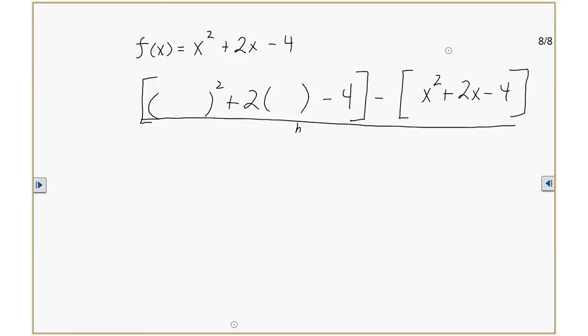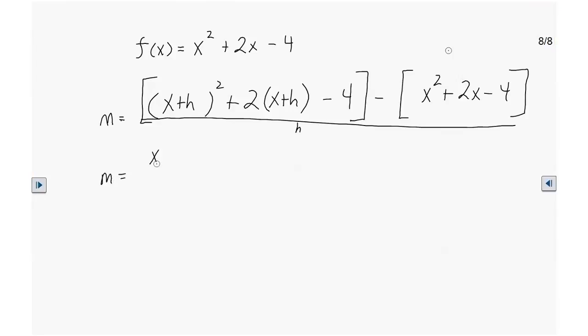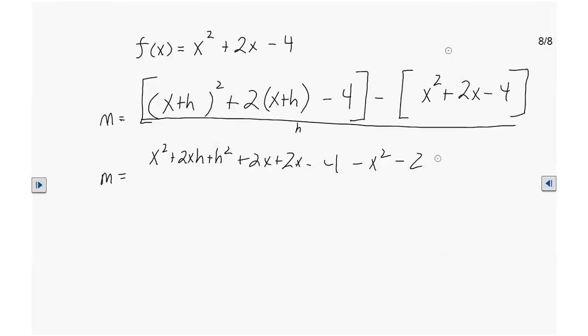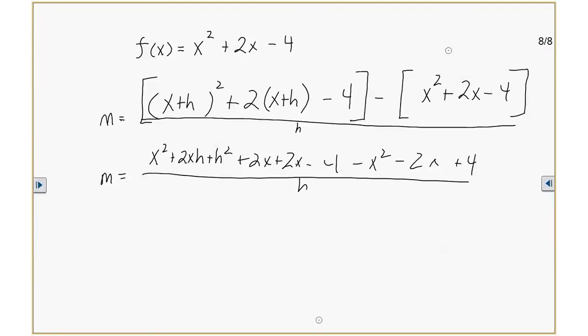And that's m, because we're just doing algebra right now. I'm going to put x plus h here, and x plus h here. And that's going to give me m is equal to x squared plus 2xh plus h squared plus 2x plus 2h minus 4 minus x squared minus 2x plus 4, over h.